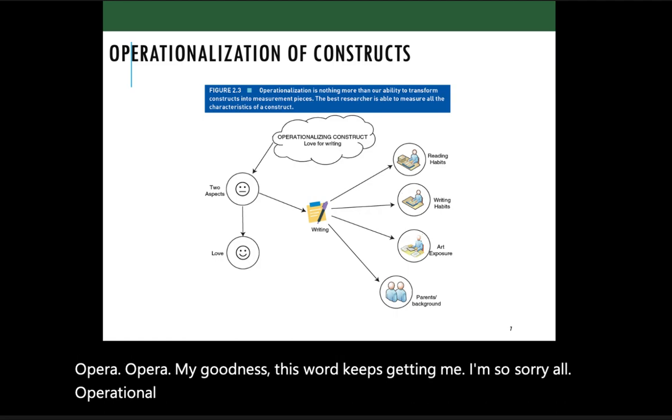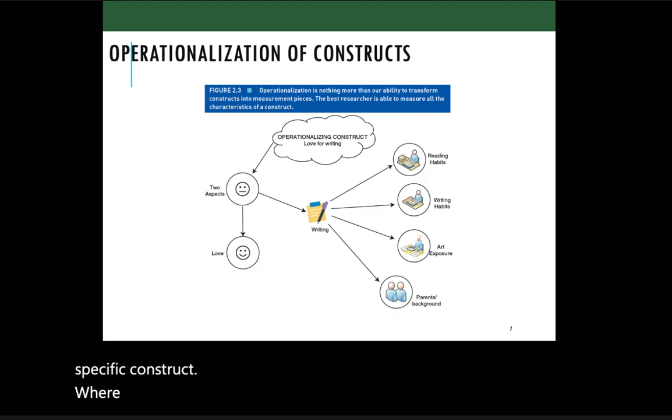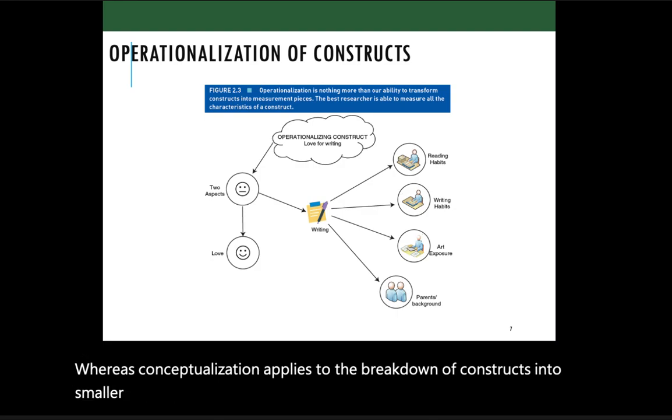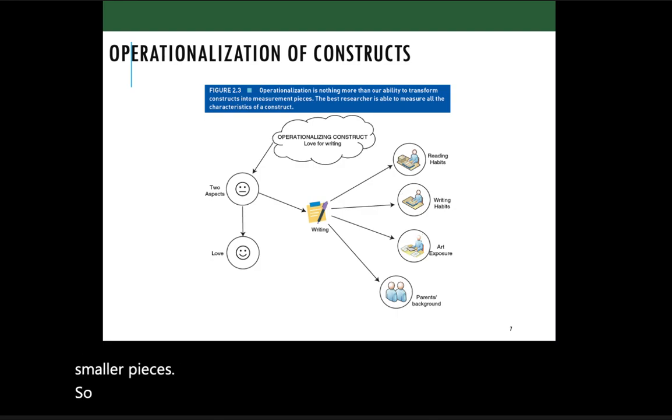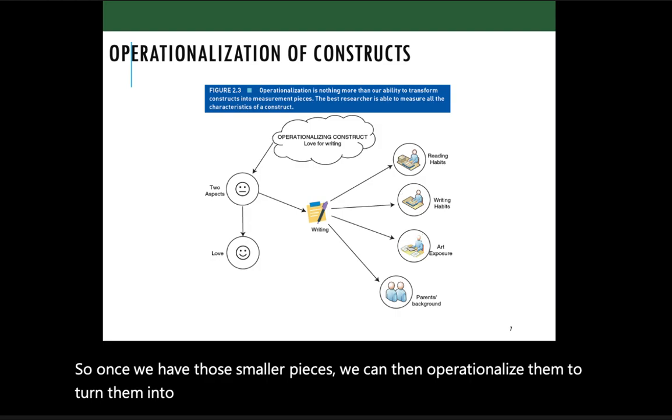Operationalization applies to the concrete measurable variables of one specific construct, whereas conceptualization applies to the breakdown of constructs into smaller pieces. So once we have those smaller pieces, we can then operationalize them to turn them into specific variables.